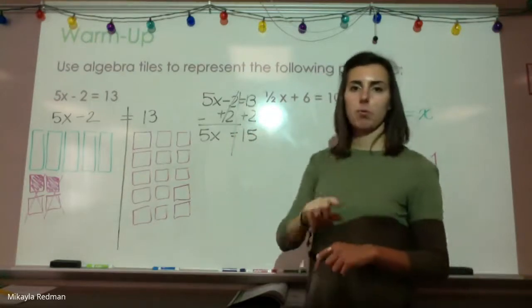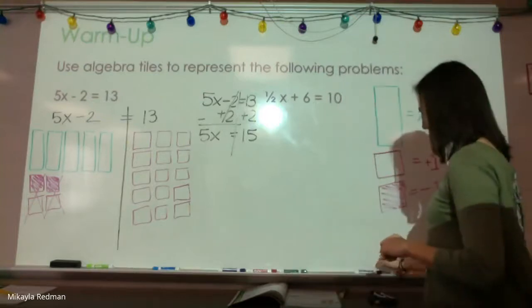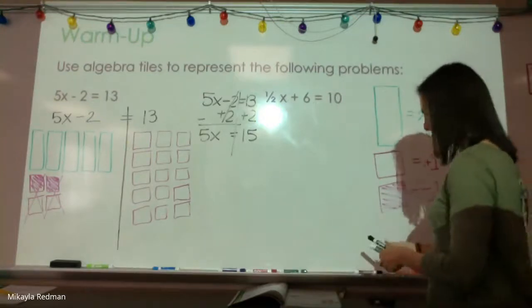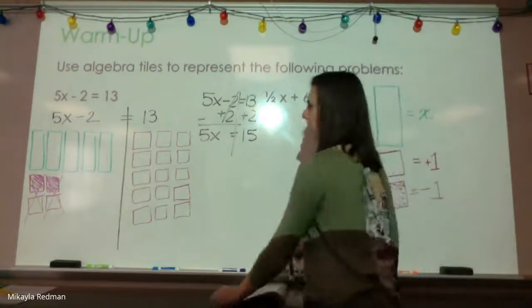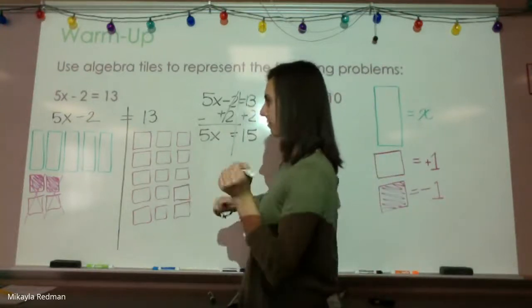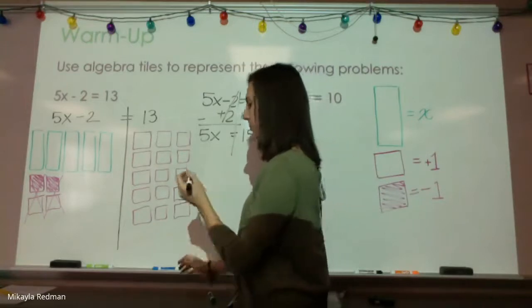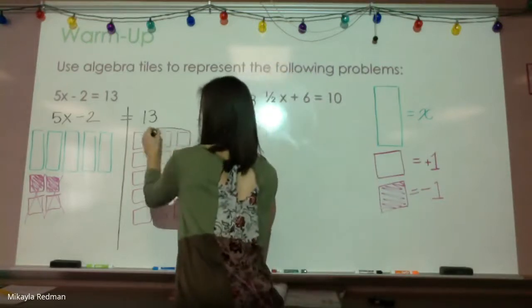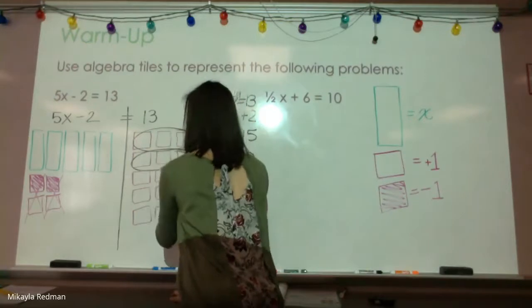Now we need to figure out what 1x is equal to. Well, what I can do here now is I can regroup my 15 ones. So I'm going to regroup into groups of 3, because then I'll end up with 5 groups.